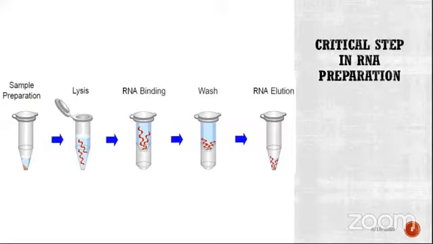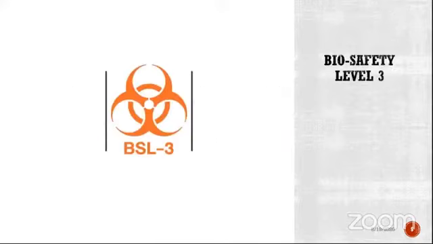These are some critical steps used in RNA preparation. In this VTM we have viral RNA, and we need to extract the RNA. We will perform all the RNA extraction tests in the BSL-3 facility.